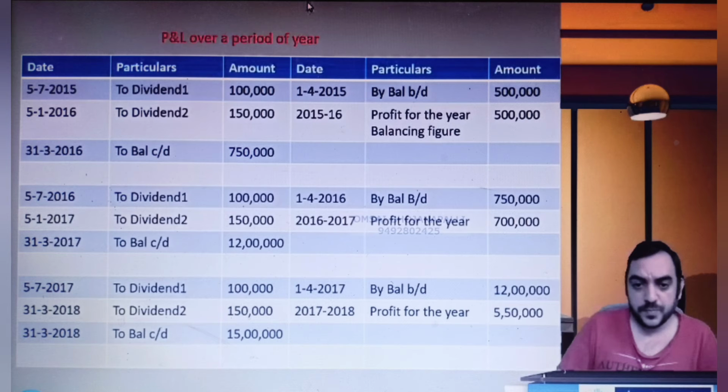Similarly, 1/4/2017, by balance brought down, 12 lakh.